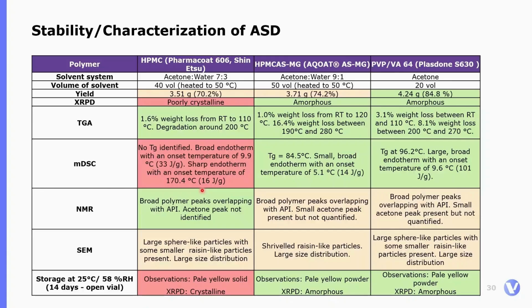However, with HPMCAS medium grade and PVPVA, we achieved a fully amorphous phase, each showing a single glass transition temperature, 84 and 96 degrees respectively, confirming good miscibility between drug and polymer. We did detect small traces of residual acetone by NMR, which we plan to quantify more precisely by GC analysis.